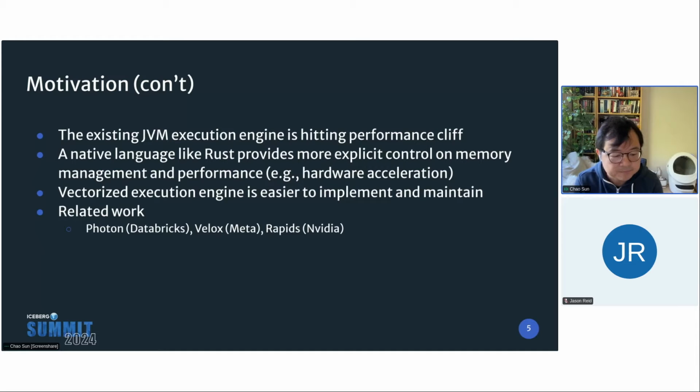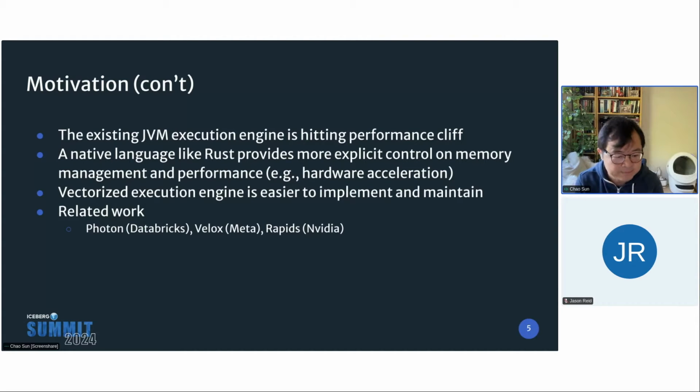On the other hand, a native language like Rust or C++ provides much more explicit control over memory management and performance. You can also apply hardware acceleration such as SIMD on top of this.